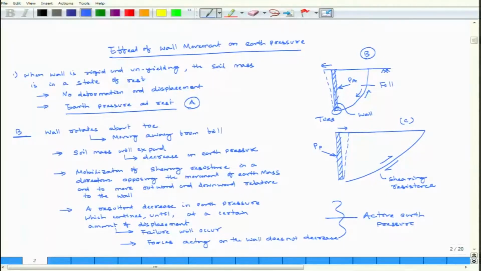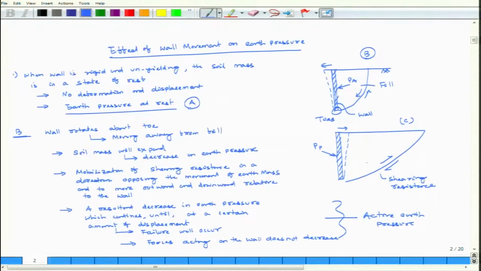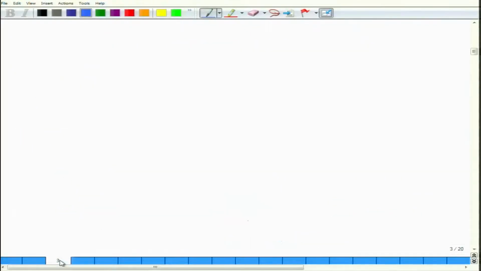Similarly, let us say case C, the wall is pushed towards the backfill. What will happen?